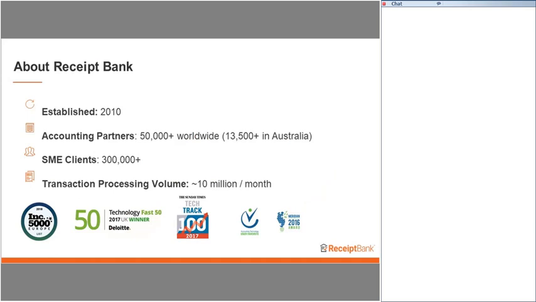Via ReceiptBank, we transact around 10 million items per month, so invoices, receipts, bank statements, so a huge volume. And you'll see down the bottom there that we're pretty well renowned across the industry and across different markets globally as well.